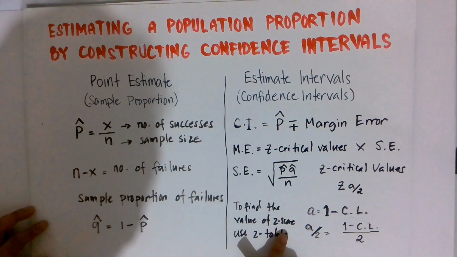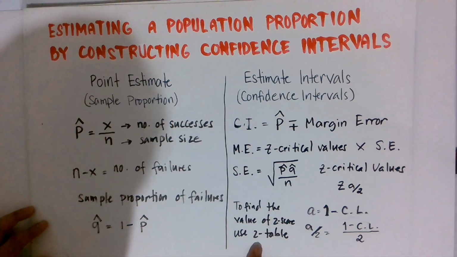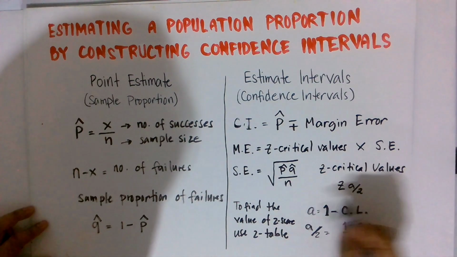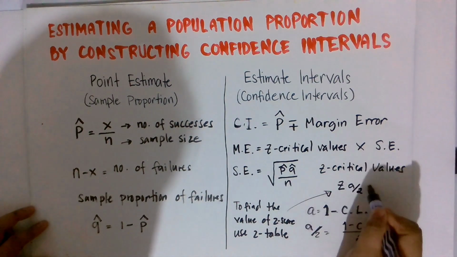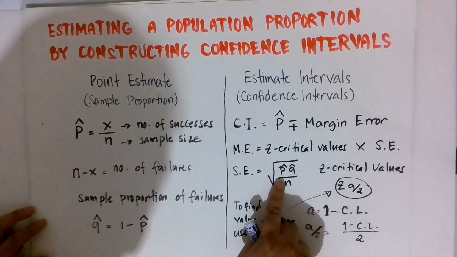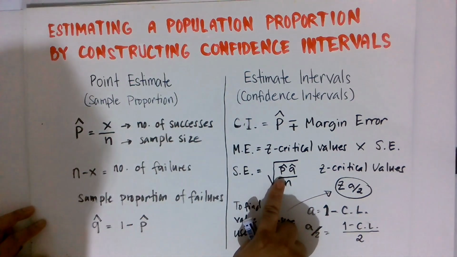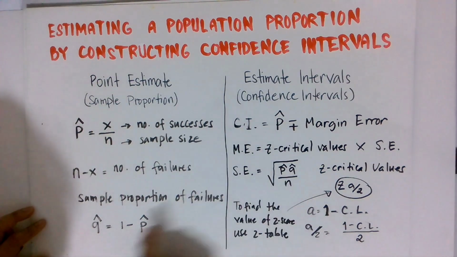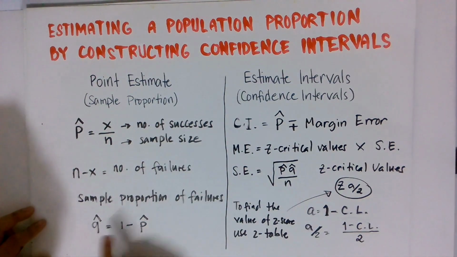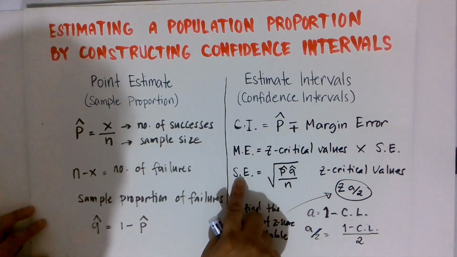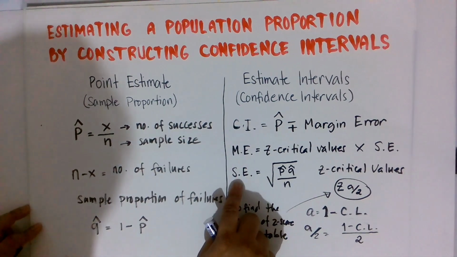So, gagamit tayo ng z-table dito. Yan. Pag nakuha na natin yon, i-multiply lang natin sa standard error, makukuha na natin yung margin error. Okay? So, standard error, madali lang naman. I-multiply lang natin yung p hat and q hat, i-divide by n, then square root, ayun yung standard error.